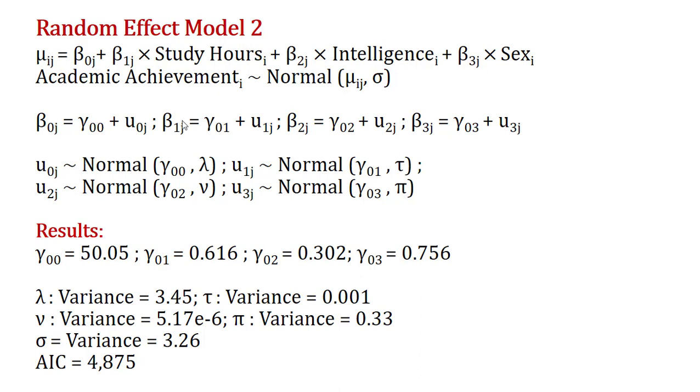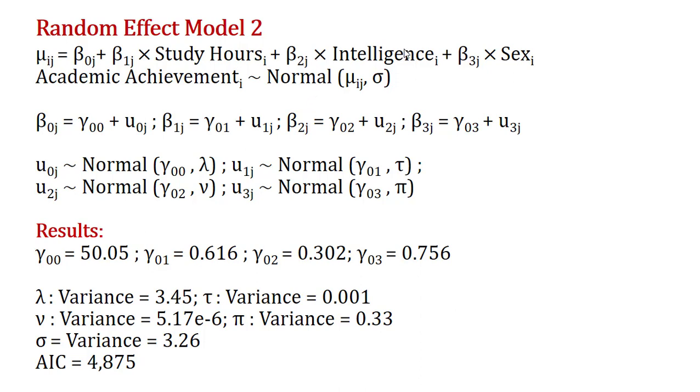For the effect of study hours, the effect of the whole sample comes from the fixed effect plus the difference between the slope for each region and the fixed effect for the whole sample.